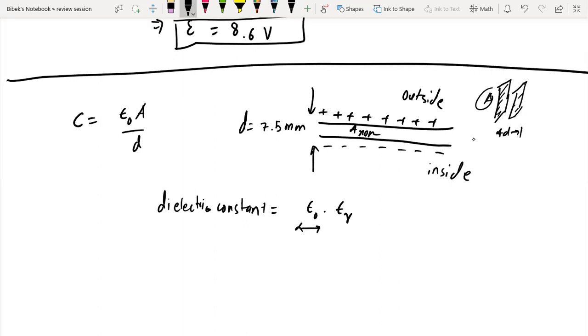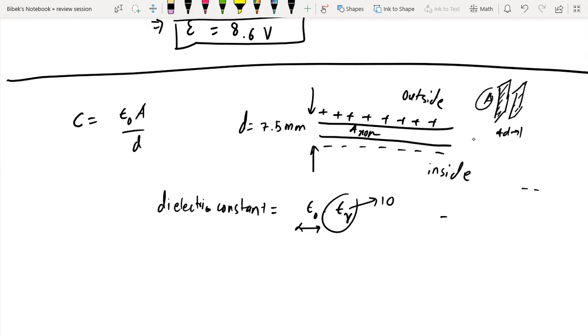So this factor, ER, is given to be 10 right now. The general formula for capacitance is K A over D, and K is E0 times ER, okay. And ER is given to be 10 here.